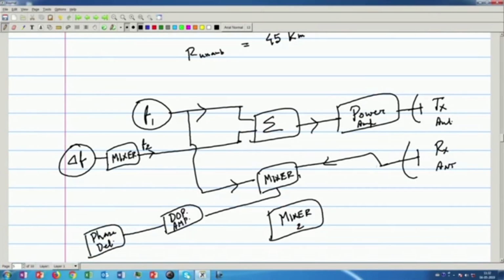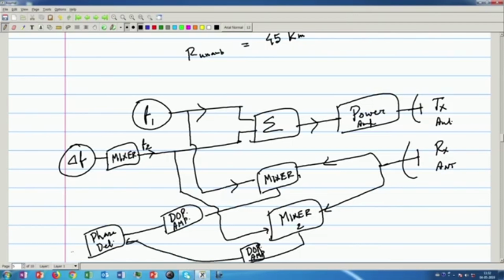Similarly, this mixer 2, the received signal is put, and from this f2 you take this. This output is again put to a Doppler amplifier and put to this phase detector.